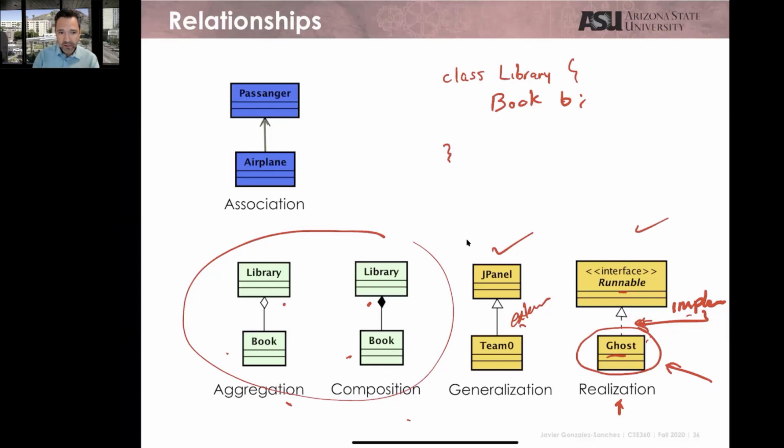Now, we need to identify between the black diamond, composition, or the white diamond, aggregation. What is the difference in the source code between composition, black diamond, and aggregation, white diamond? The opposite. Composition is mandatory. I need this element to exist.